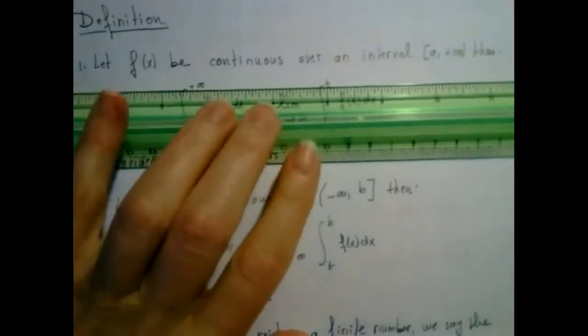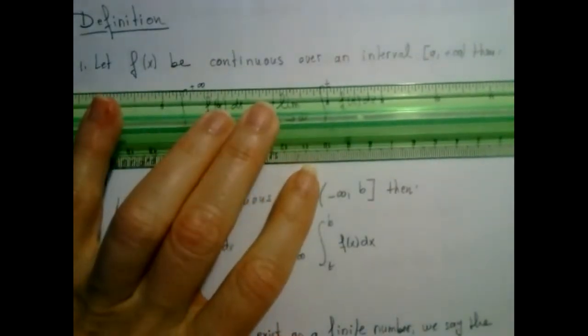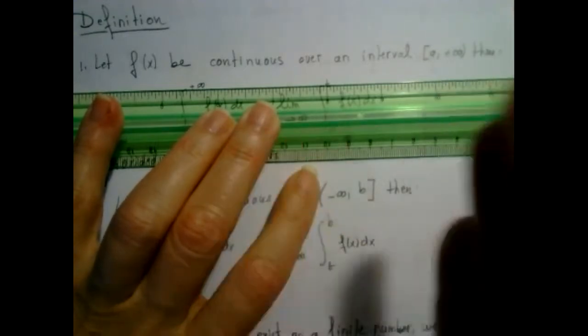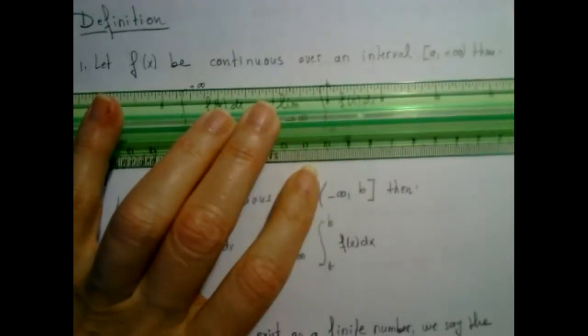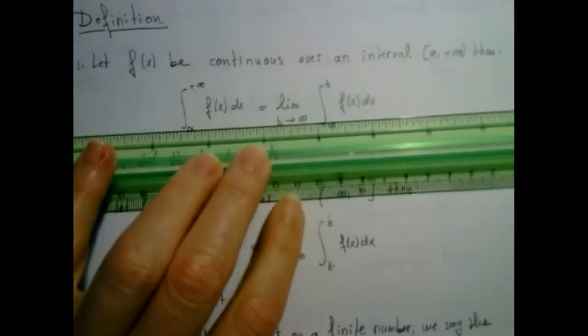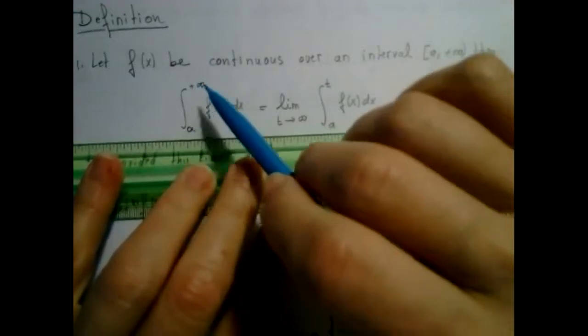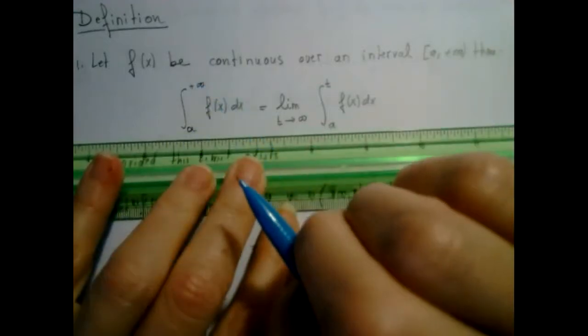So let f of x be a function which is continuous over the interval a to plus infinity. So I have a function from a to plus infinity that is behaving very nicely. Then that's our definition: the integral from a to infinity of f of x dx.